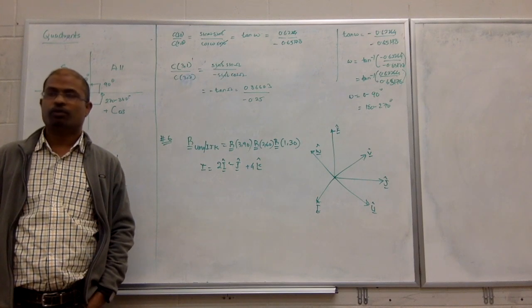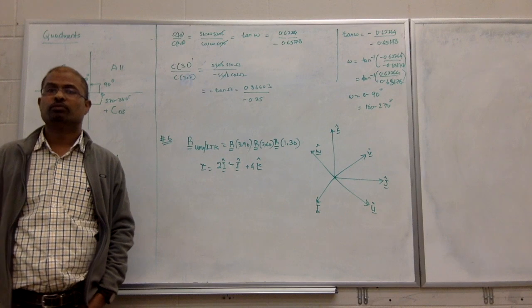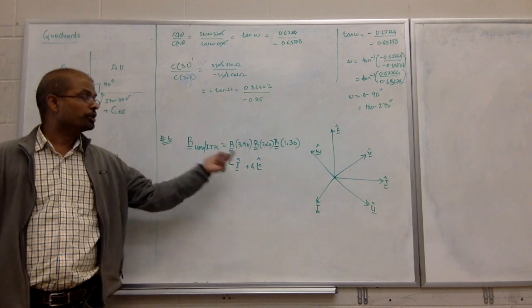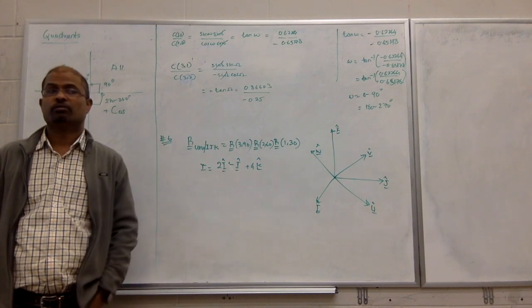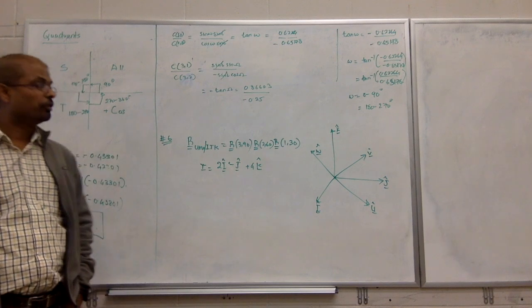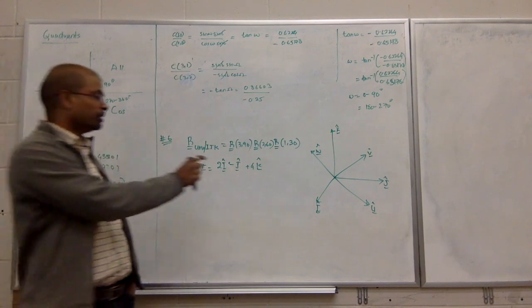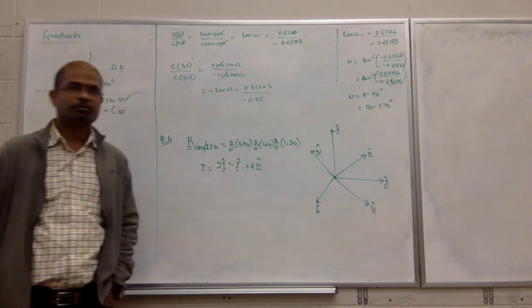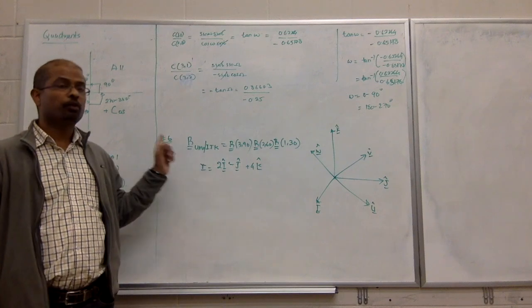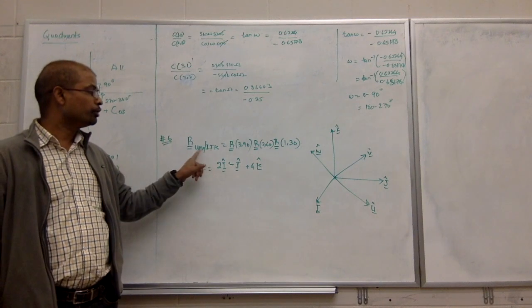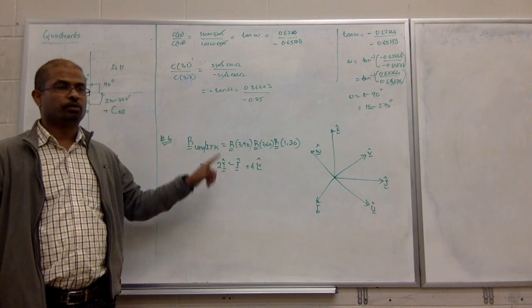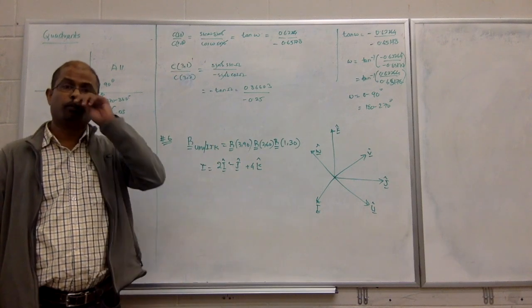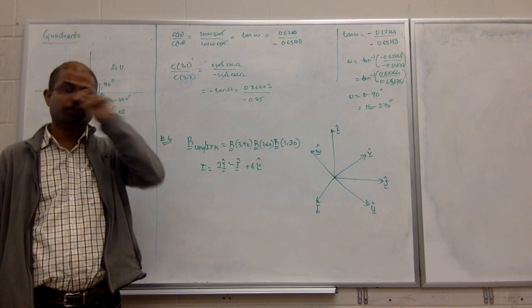But I may ask you to just identify the rotations and write the sequence. That's it. If I ask you 3, you have to just write this. Okay? All rotations are important. If you make this UVW to IJK, you mess it up. You won't get points for that, okay?